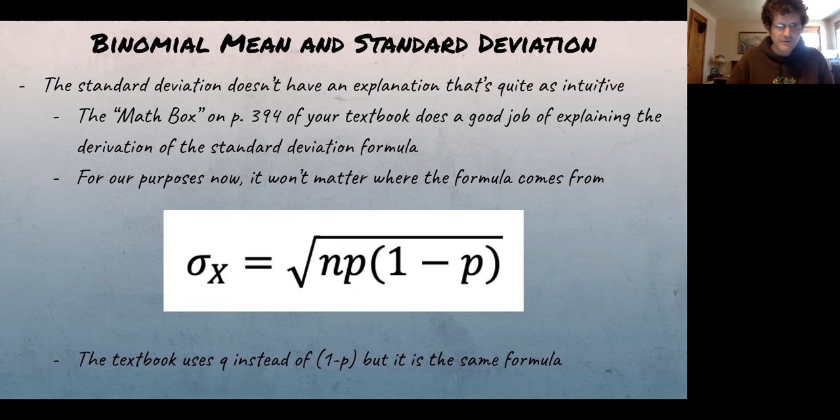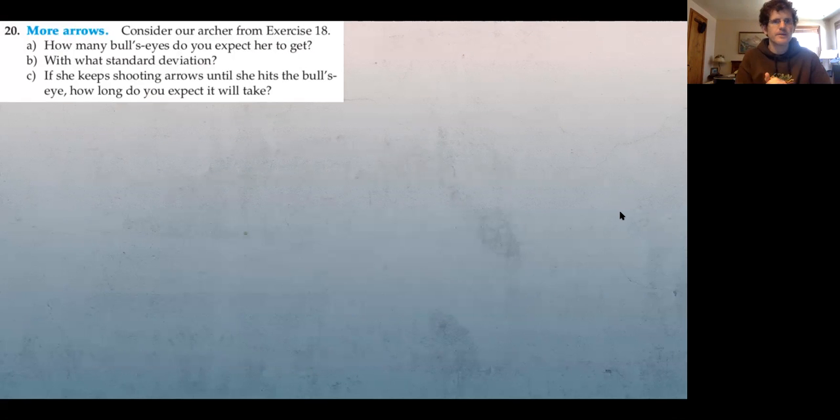Plus, the AP formula sheet uses this form of the formula. So we just take our number of trials, multiply it by the probability of success, multiply that by the probability of failure, and then you take that product and take the square root of it. Pretty straightforward. And again, we don't need to derive where that comes from, and we don't need to worry about that part of it.